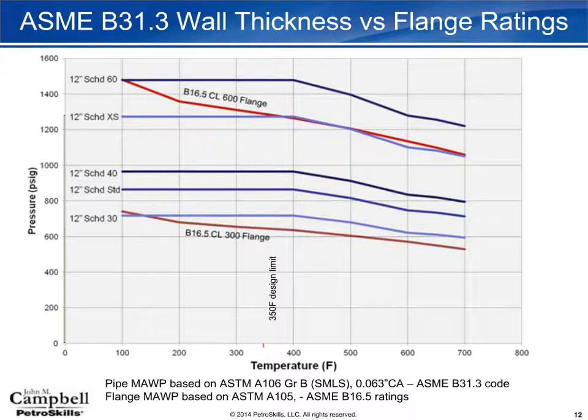But the pipeline codes are limited in their temperature of application, 450 being the maximum for B31.8. And so we don't see quite as much of this in the pipeline codes. But do realize that there is a temperature derating factor in here, and that flanges usually derate more quickly than pipe does from that 100 point.